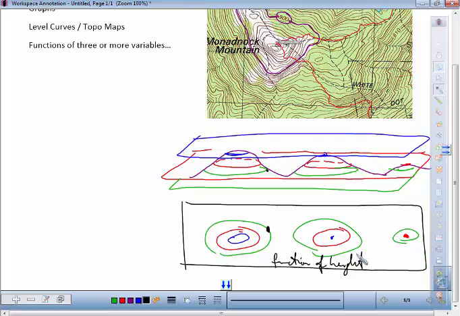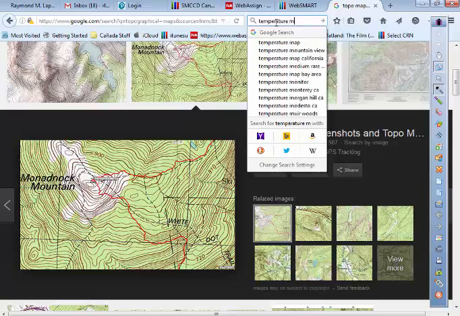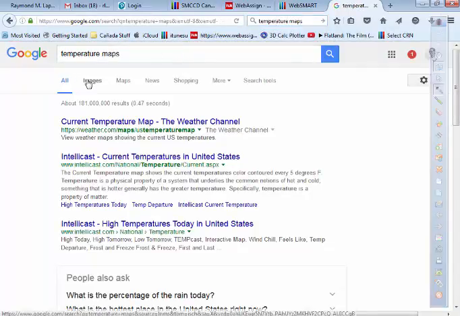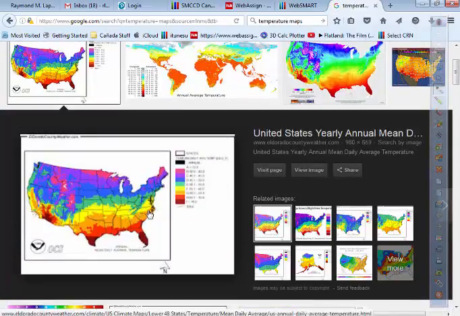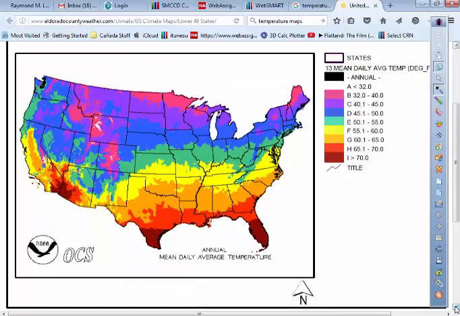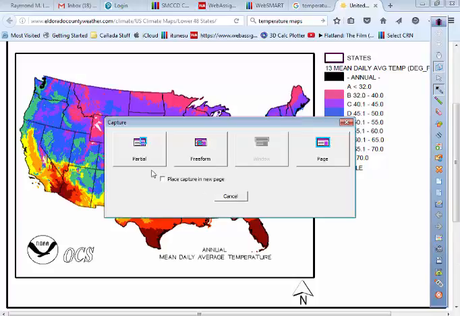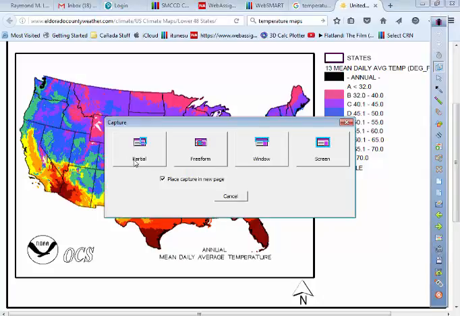There's also, I don't know if you guys have seen, temperature maps. You guys familiar with temperature maps? So an example of a temperature map could be something like you have a map of a state or a whole country or a city or whatever, and then you have different shades for different temperatures.